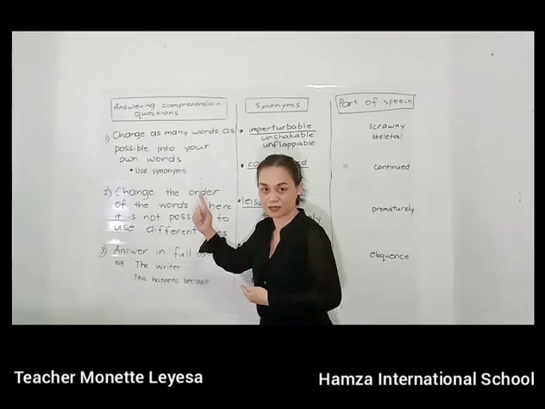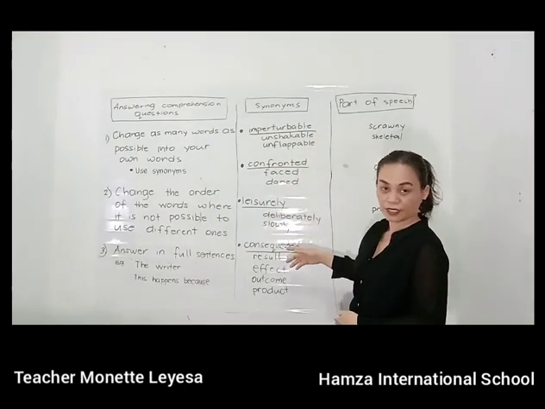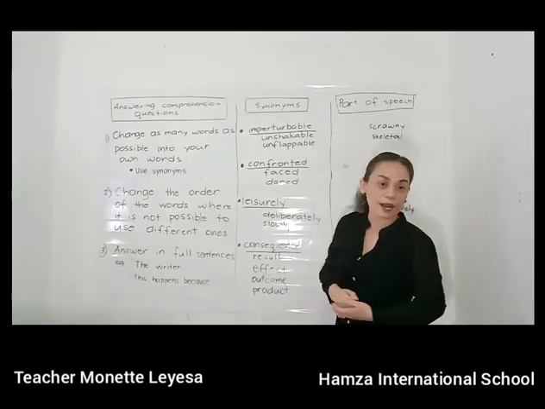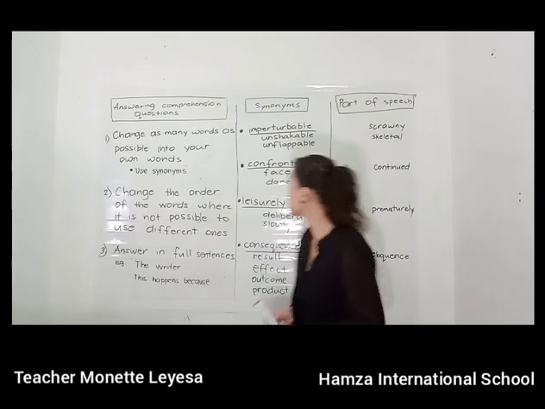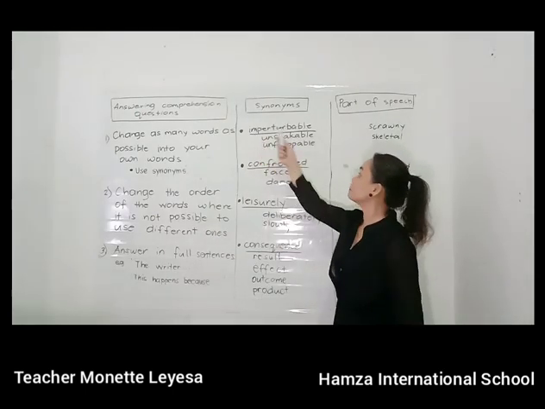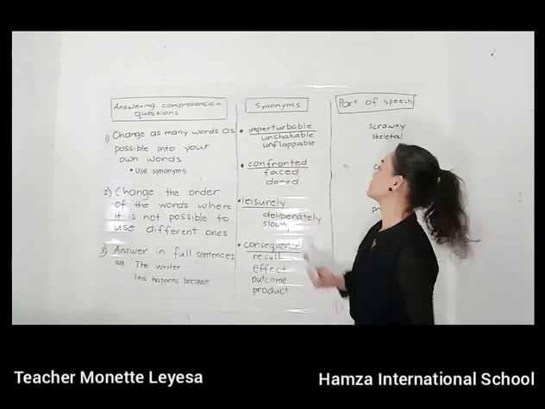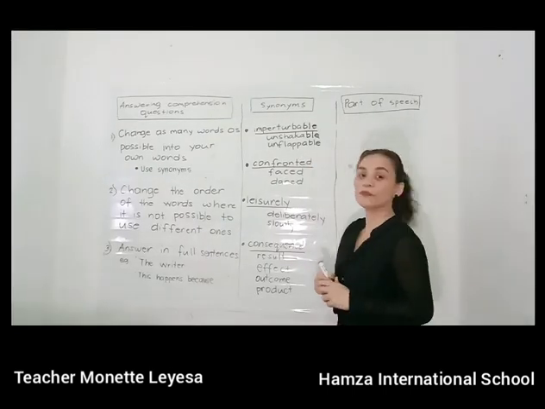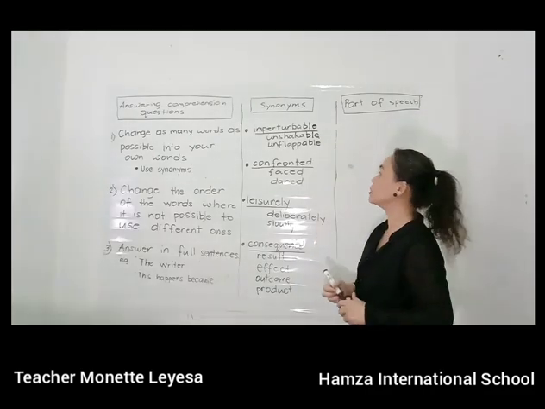Now, I have here the list of synonyms that I got from the story, from the passage that we have. First, we have the word imperturbable. What's the word? Imperturbable. Now, I listed here 2 examples of synonyms of imperturbable.